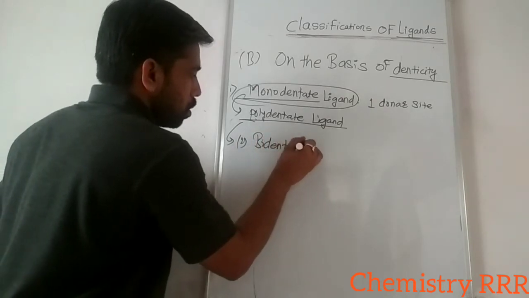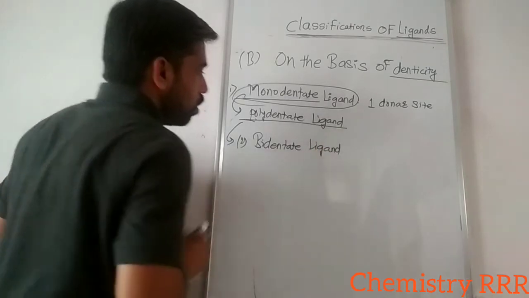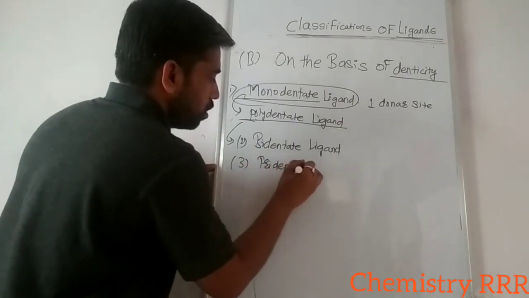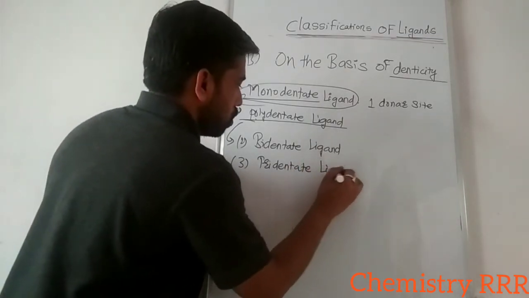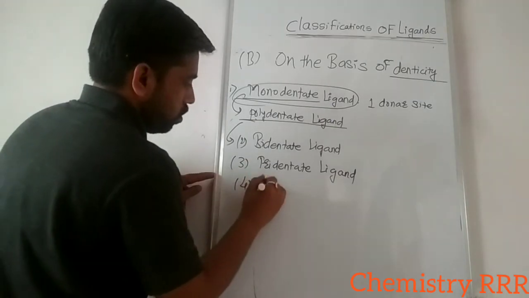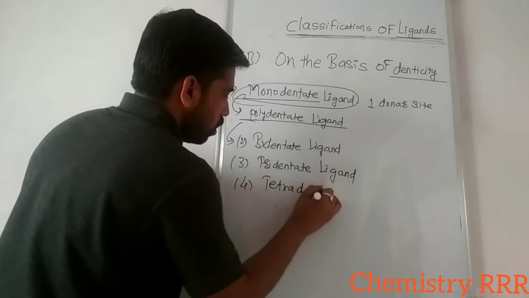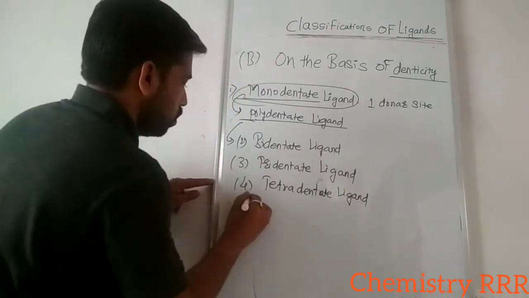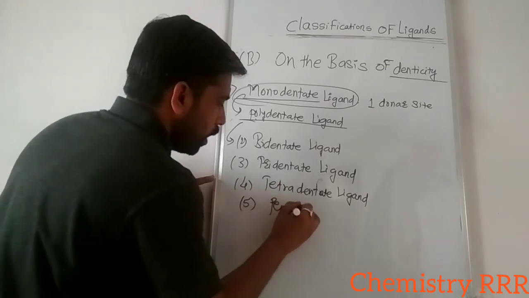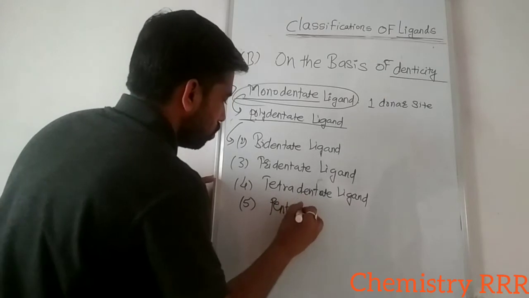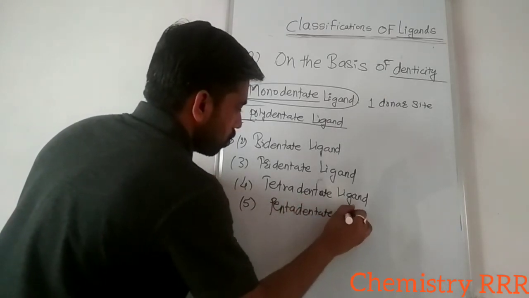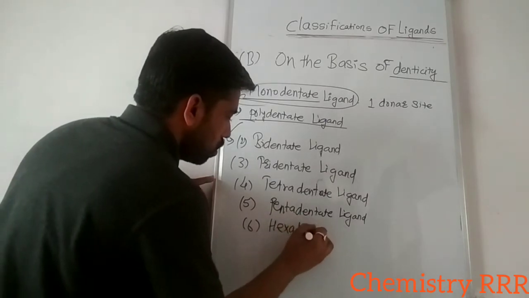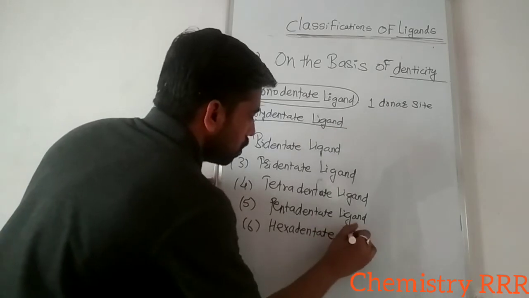that is bidentate ligand, then tridentate ligand, and fourth, tetradentate ligand, and fifth one, pentadentate, and the sixth category is hexadentate ligands.